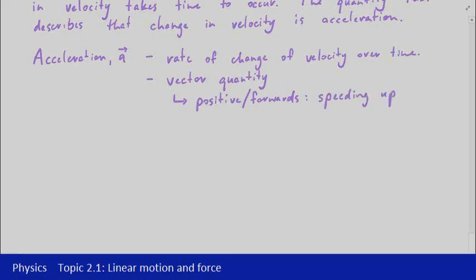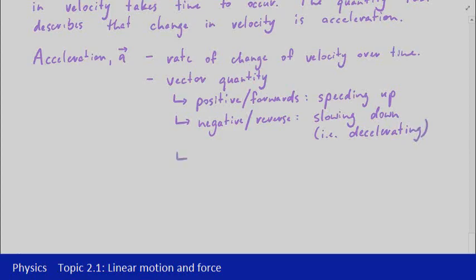If it's a negative value, and negative usually means in the reverse or backwards direction, that means that the object is slowing down. So its velocity is decreasing, it's still moving forwards, but its velocity is decreasing. There's another term that we'll often use to describe that sort of acceleration, it's a deceleration. So a deceleration is actually a type of acceleration, it's just that it's slowing down.